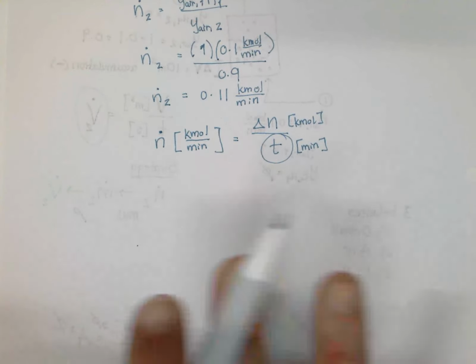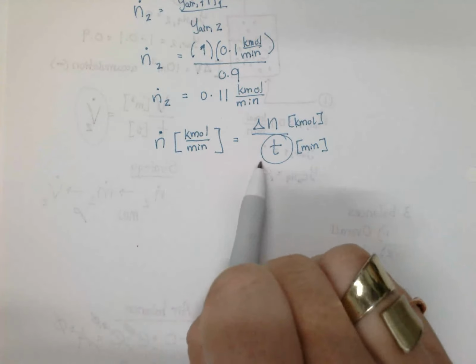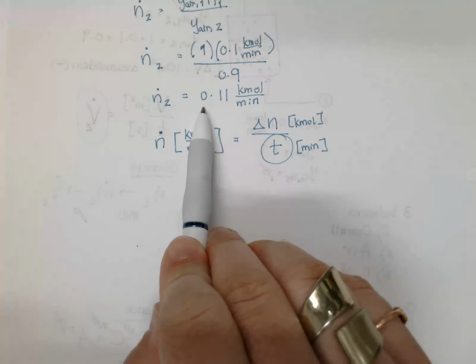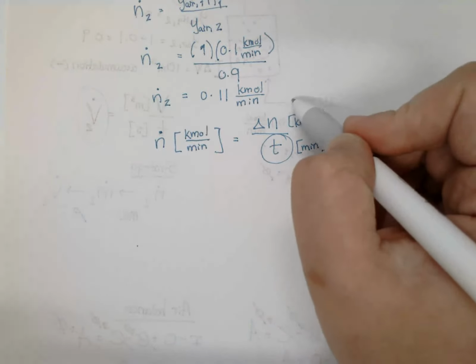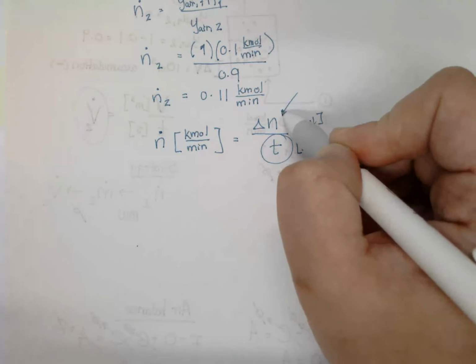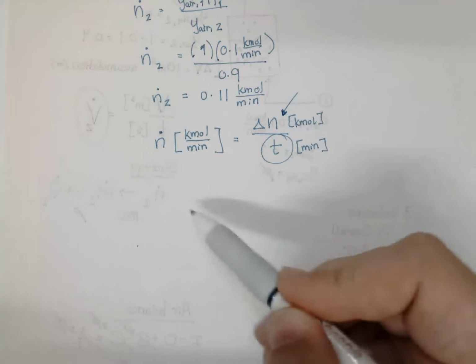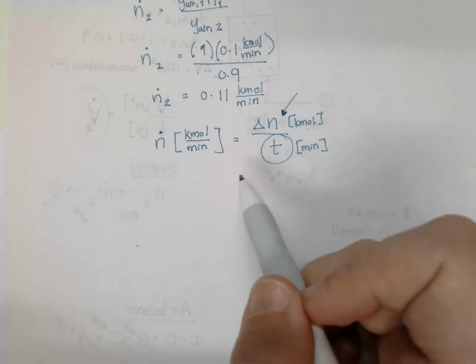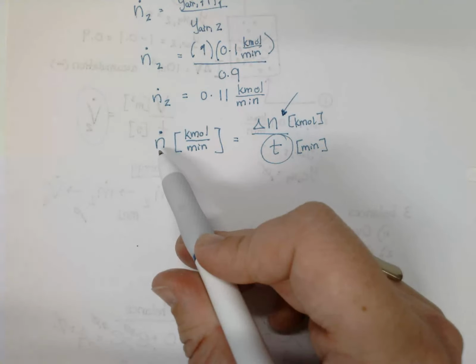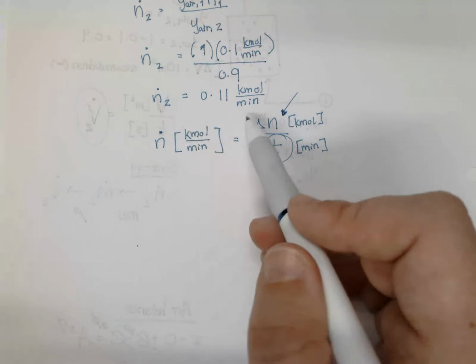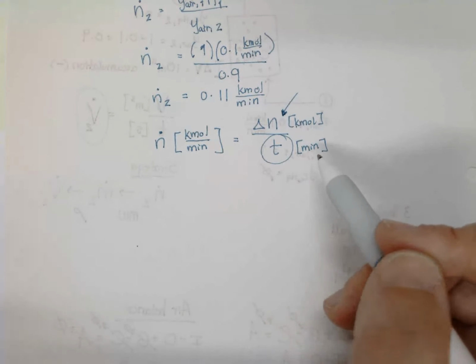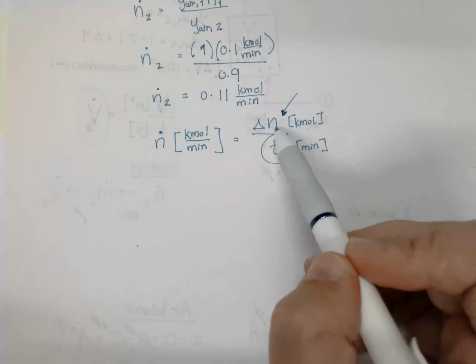So there's two ways of doing this problem. You could say, wait a minute, once I have the flow rate here, if I have this change in N, then I can find the time and just go from there. Or you could say I have this N, I need to turn it into a V, and we'll go from there. So I'm actually going to do this one right here as a way to show you how to do this.